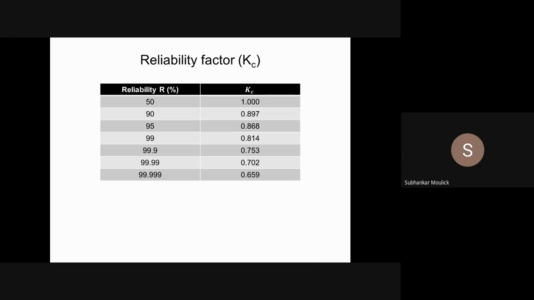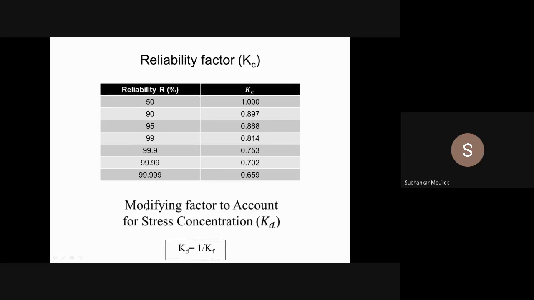Okay, so this is your reliability factor Kc, and the last factor, Kd, is known as the modifying factor to account for stress concentration. If you remember, I told you in the last class that Kd is the reciprocal of the fatigue stress concentration factor, that is Kd is 1 by Kf.